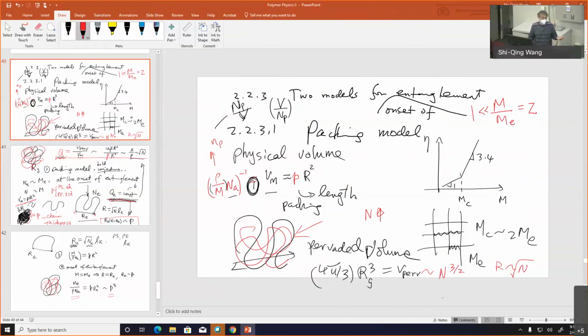That's what it means, my polymer is well entangled. So you should never make any excuse that you don't understand that language. You better understand that language. This is exactly why ME is so crucial as a concept.